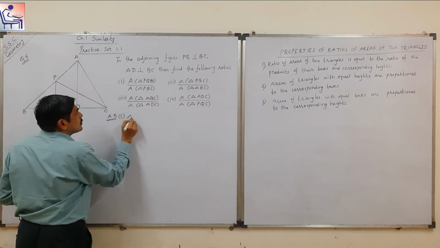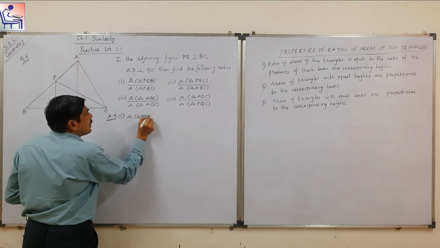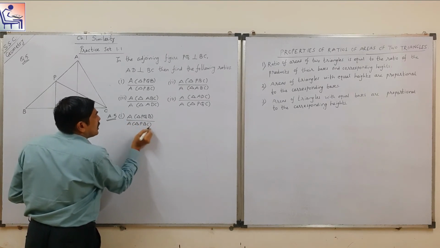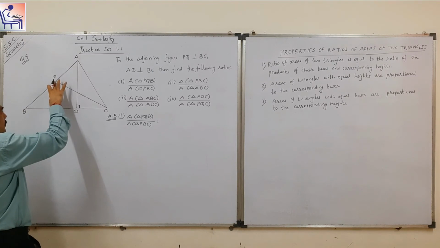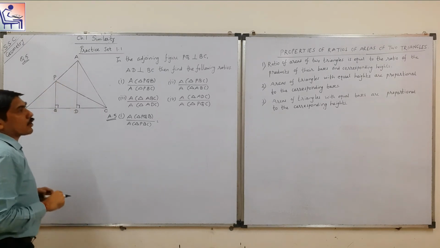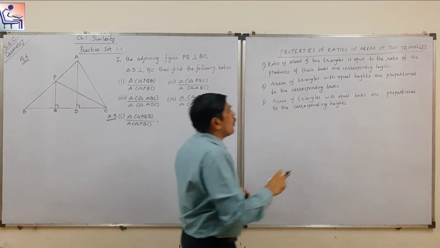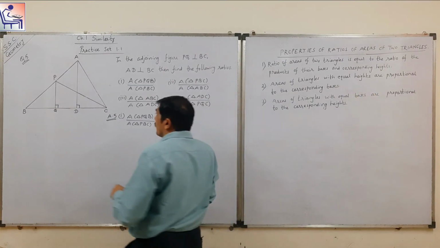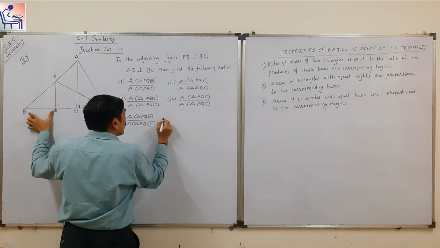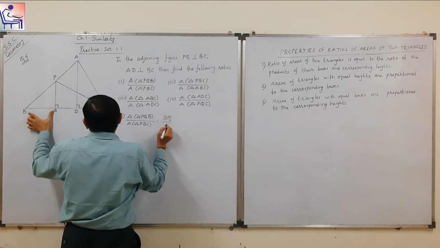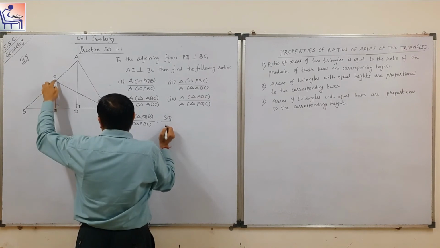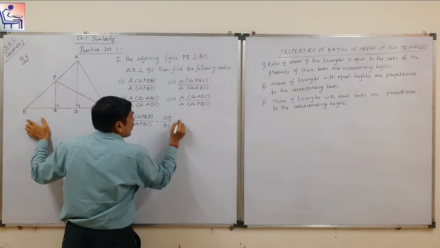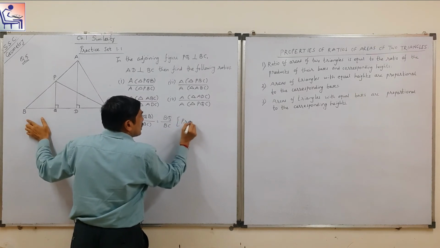The first, area of triangle PQB upon area of triangle PBC. ध्यान से देखेंगे तो दोनों में भी हाइट PQ है which is common. So if equal heights, then it depends on what? कॉरेस्पॉन्डिंग बेसेस पे. So PQB का बेस होगा BQ and PBC का बेस होगा BC.